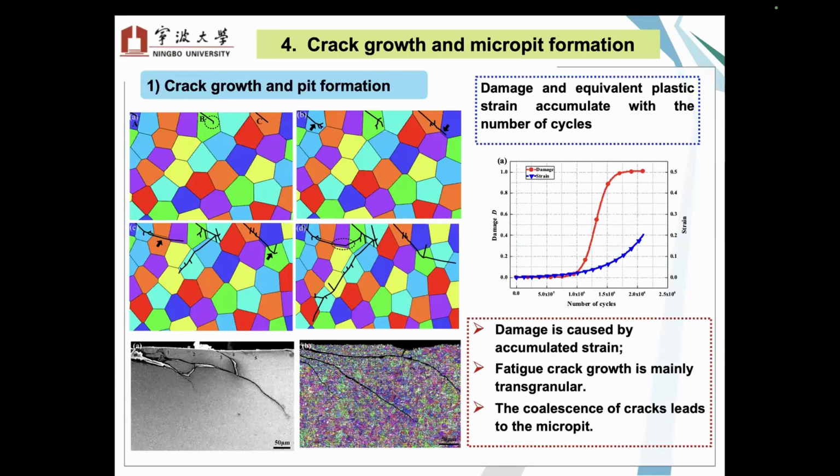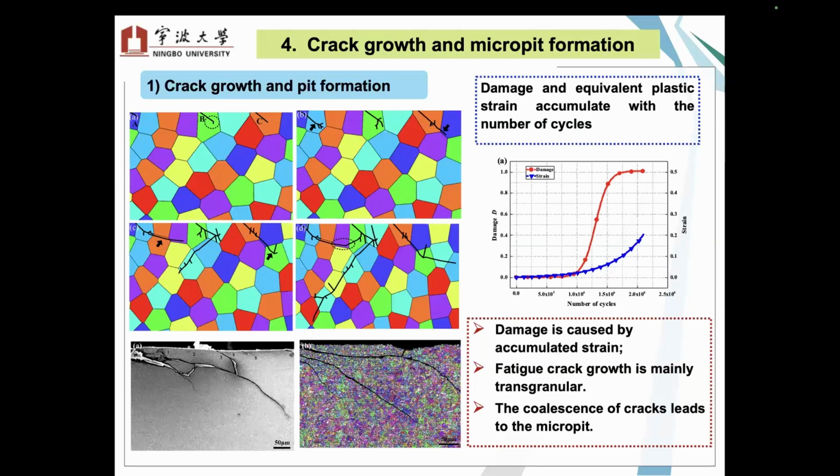Here are the results. Because damage and equivalent plastic strain accumulate with increasing number of cycles, we initially preset parallel cracks based on our experimental observations, and the size of grains and crack length correlate exactly with the experiment.